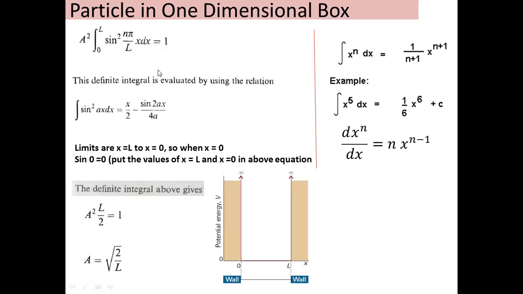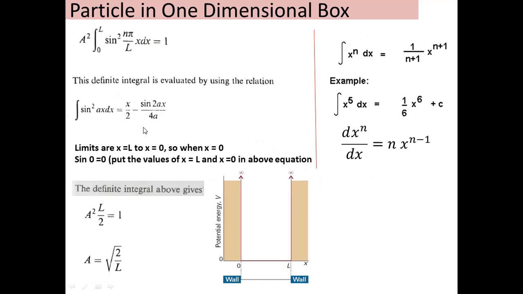So this is the same equation we derived in the previous slide. Now this is the mathematical formula, because we are going to get the definite integral by using this equation, and this is the general formula. So you must first understand this one, and then I will move further.